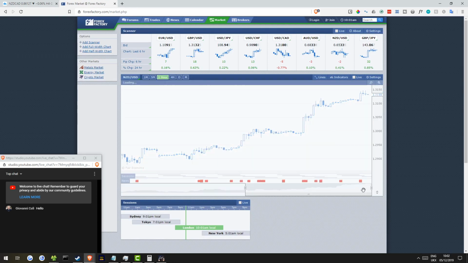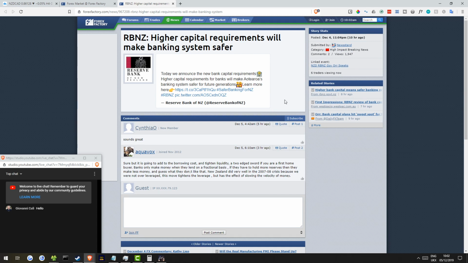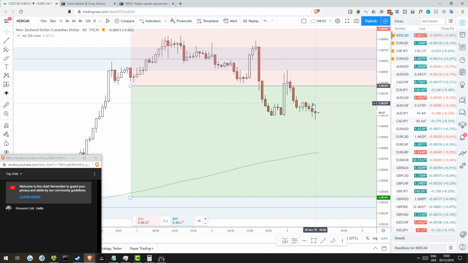So we could go to New Zealand USD, 1 hour chart on this Forex Factory tool, go to 11 p.m., which was here, and we'll see that there was a report. Interesting. Okay, so now we know the cause of that spike at 11 p.m.